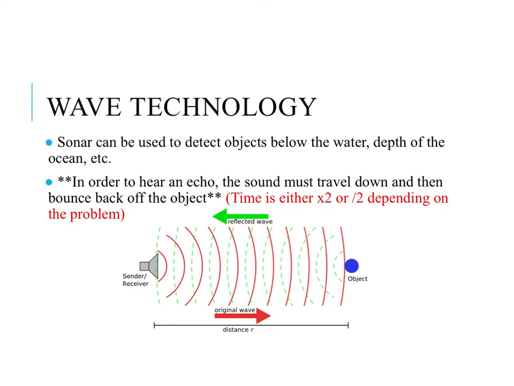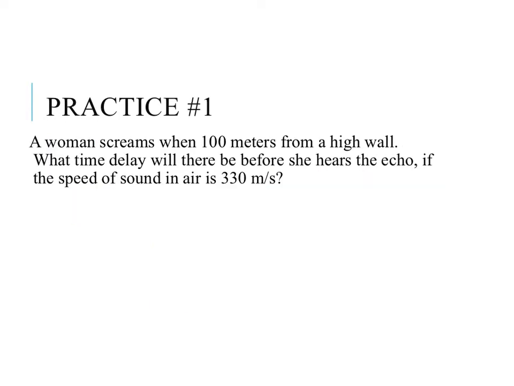If I can hear the echo, that is the time it takes to go down and back, right? Would I want the time for it to be down and back, or if I want to know how far away it is, do I just want the time down? Just the time down, right? So all I would have to do is divide that time. You have to be really careful with the questions that talk about echoes, because the question is: is it down, or is it down and back that I need?